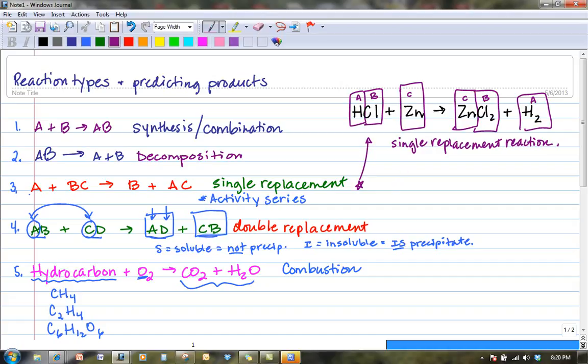What about this one? I have methane plus oxygen yields carbon dioxide plus water. And as I look at this, I see that I have to balance out my equation.